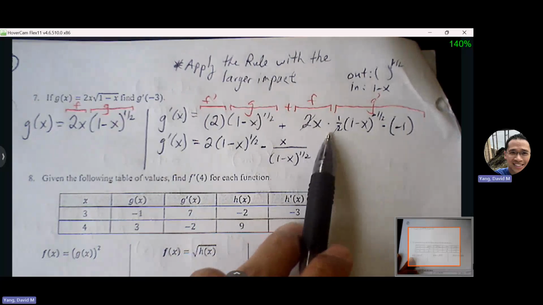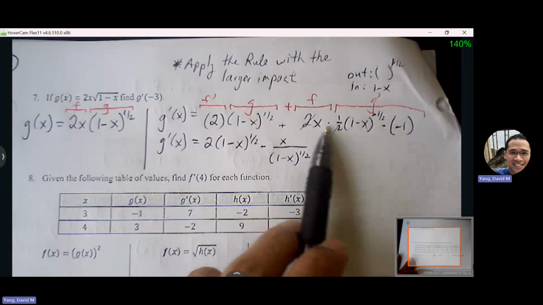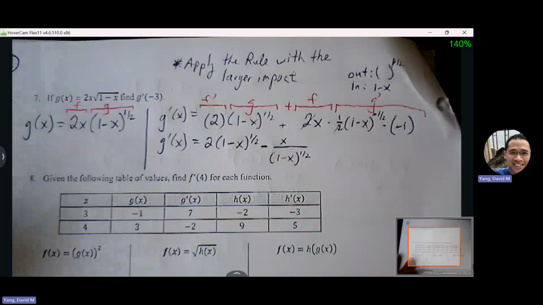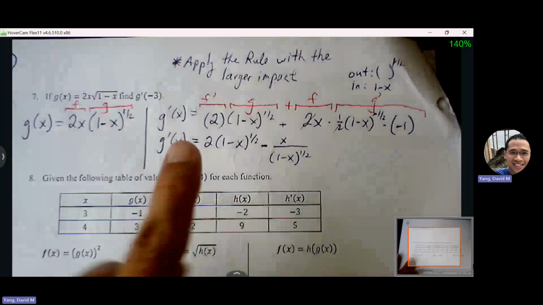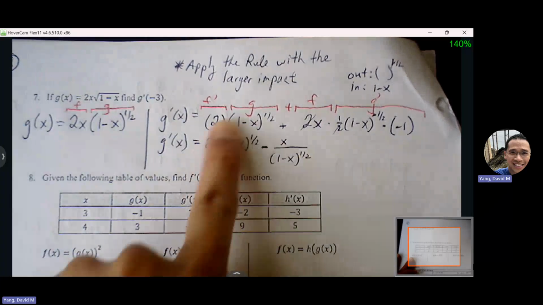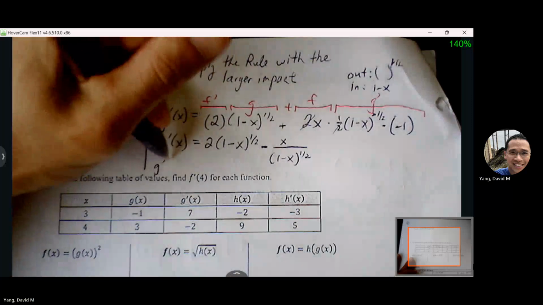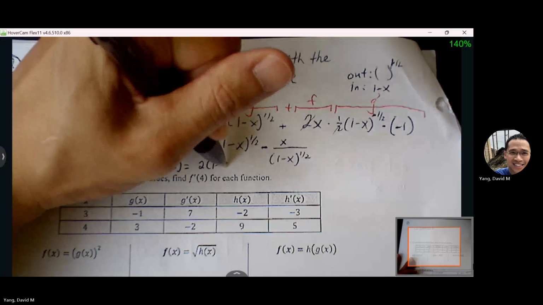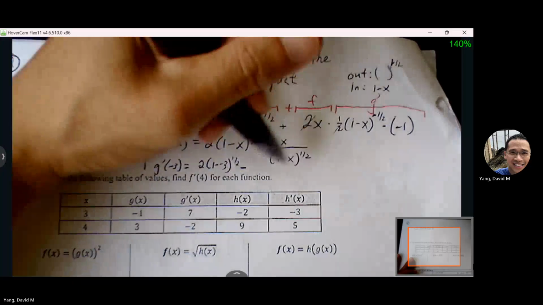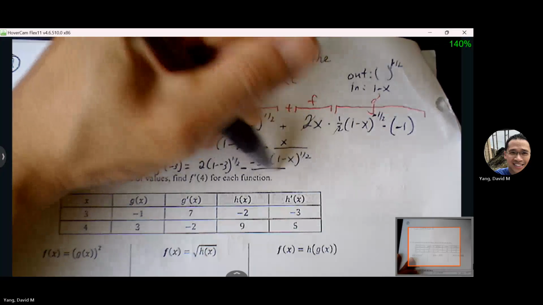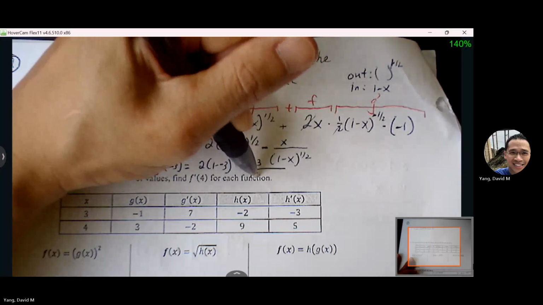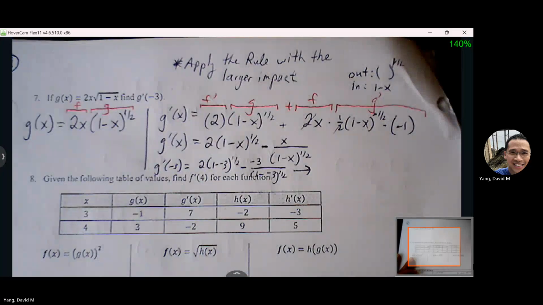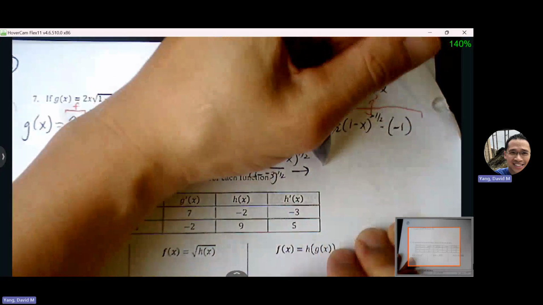So again, 2's cancel out, parentheses comes down, and I can merge the x and -1 together to make it minus x. So now it's relatively cleaned up. I don't need common denominator. I can just plug -3 directly in for x and just see what that gives me. I get 2√4.